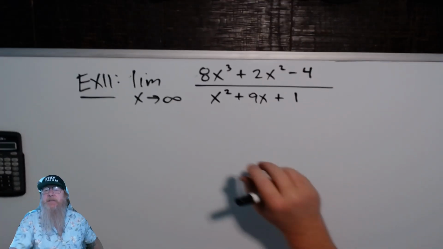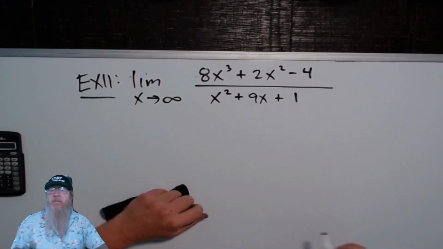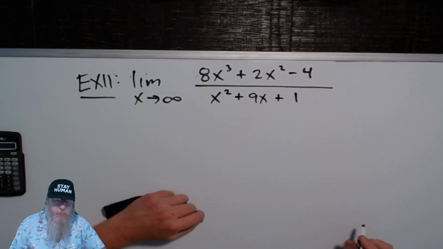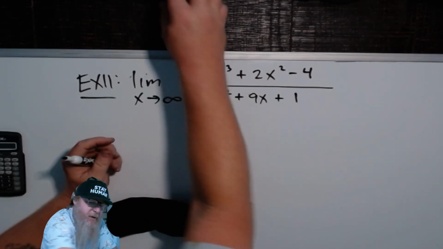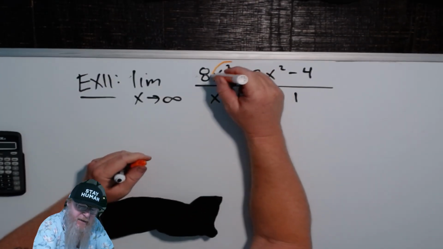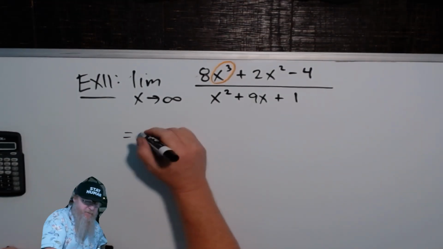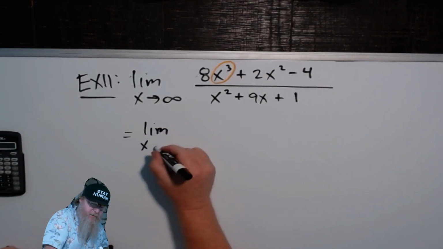So I've got (8x cubed plus 2x squared minus 4) over (x squared plus 9x plus 1). This time the largest power of x is x cubed, so I'm going to divide everybody by x cubed.